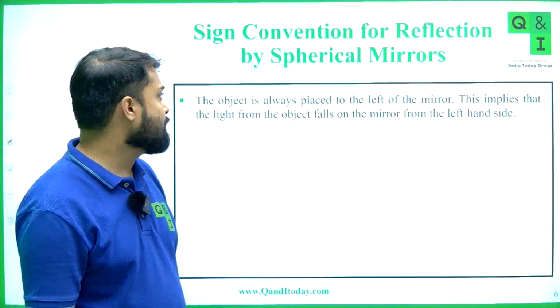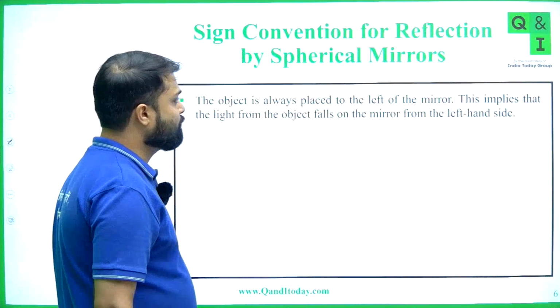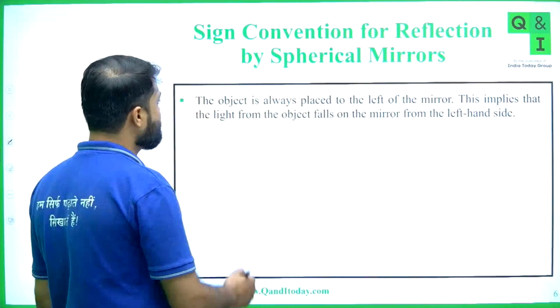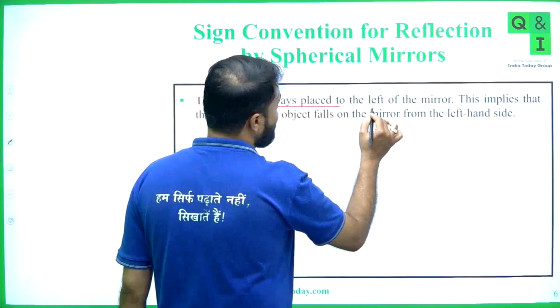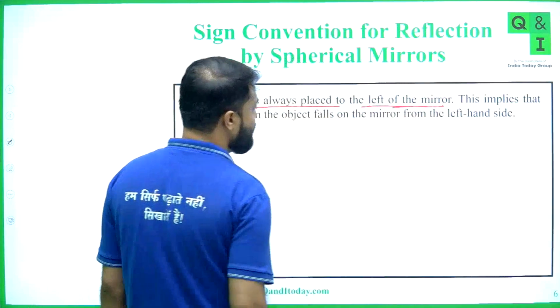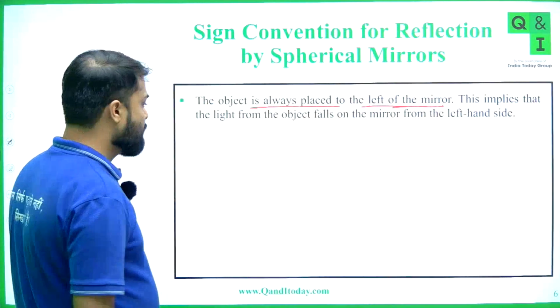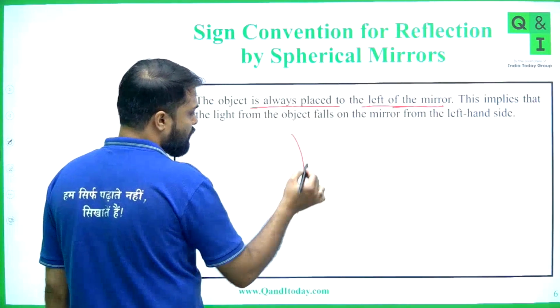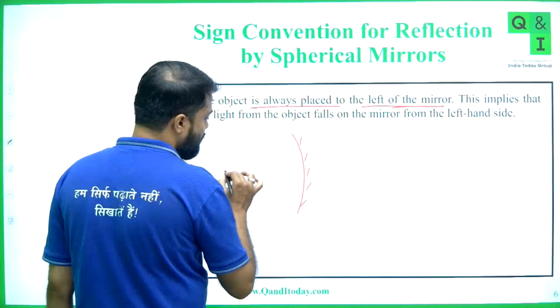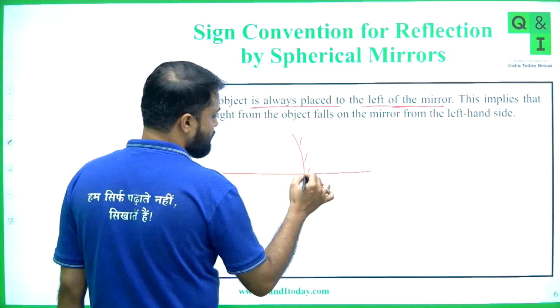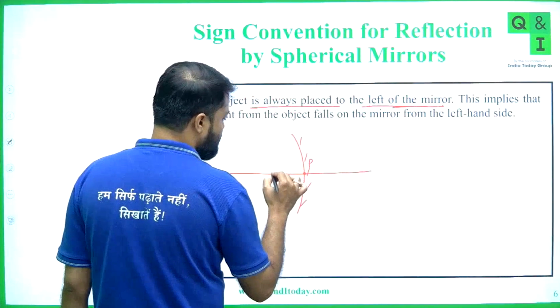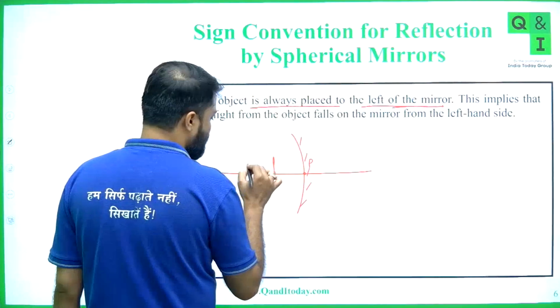Now, today we will see the sign convention for reflection by spherical mirrors. The first one is that the object is always placed to the left of the mirror. Suppose this is your concave mirror, this is your principal axis, this is your pole, this is focus and this is center of curvature.